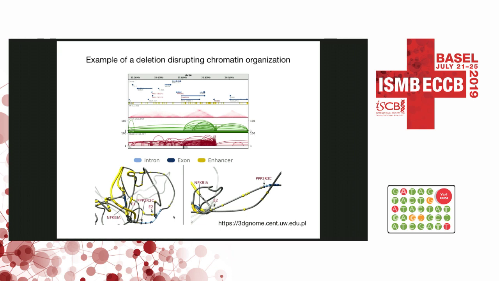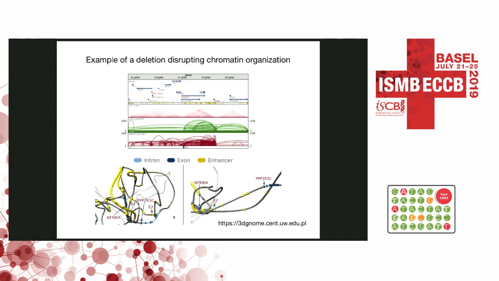For the modeling, we use ChIA-PET data because this is restraint-based modeling, and as a restraint we use chromatin interactions. So if you call loops from Hi-C data, you can use them for the modeling, but we need the actual interactions.